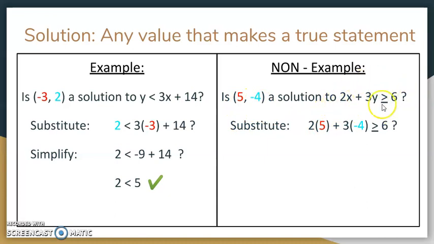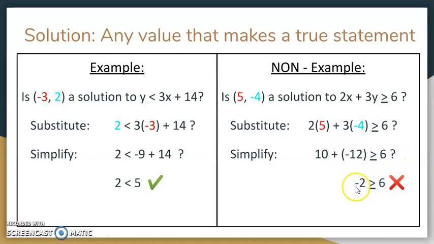I gave you a different form of the line here. I gave it to you in standard form just to show you that the procedures are the same regardless of the form. So 2 times 5 and 3 times negative 4, I've got 10 plus negative 12. And when you simplify that further, negative 2 is not greater than or equal to 6. So this would not be a solution.